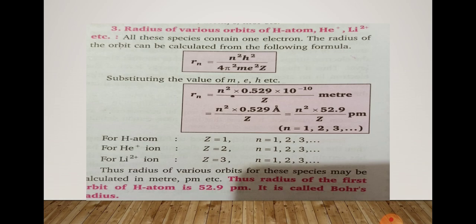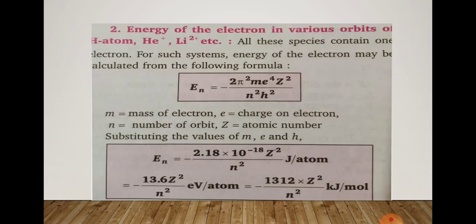Let's see here. For the hydrogen atom, in this formula, Z is equal to 1 and n will be equal to 1, 2, 3 and so on.